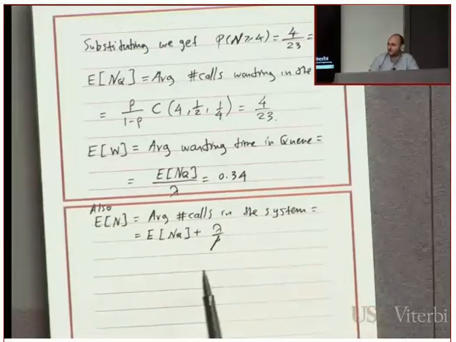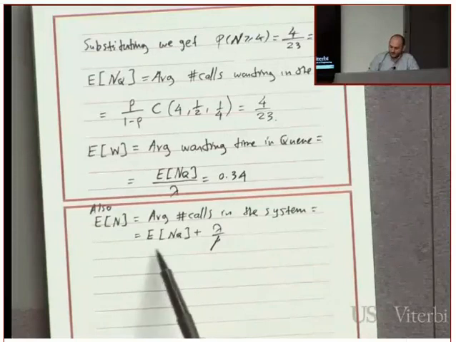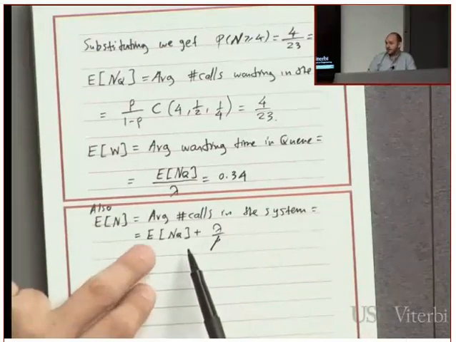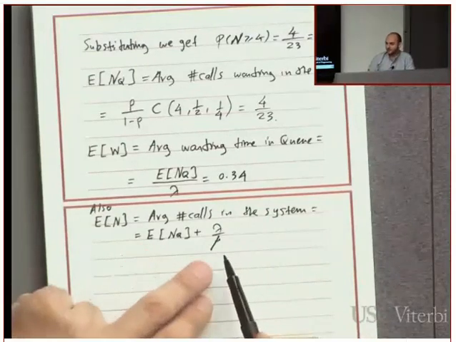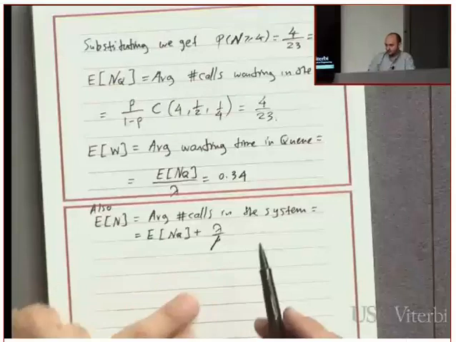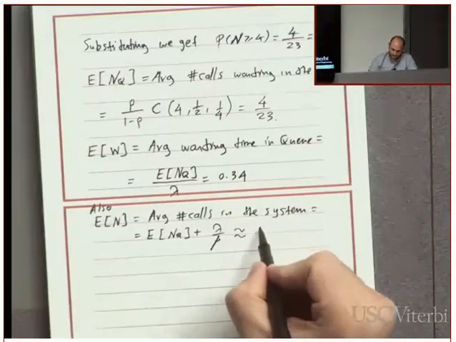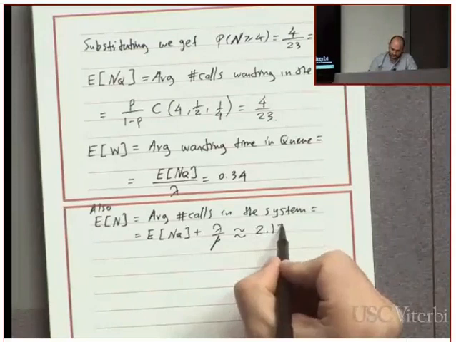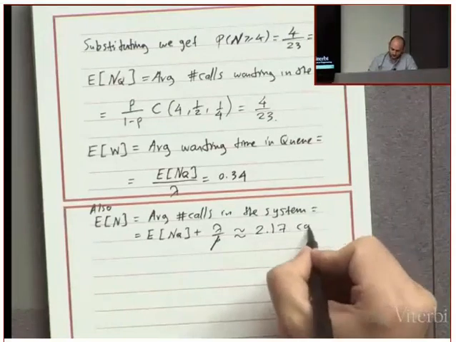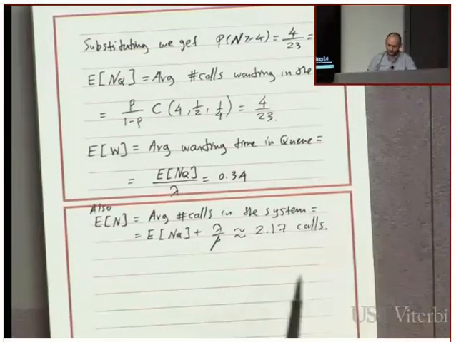Where is this coming from? Basically, this is the number of customers in the queue, and this is the ones being served, right? And this is approximately equal to 117 calls.